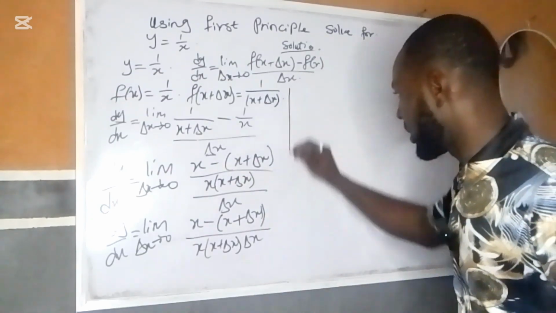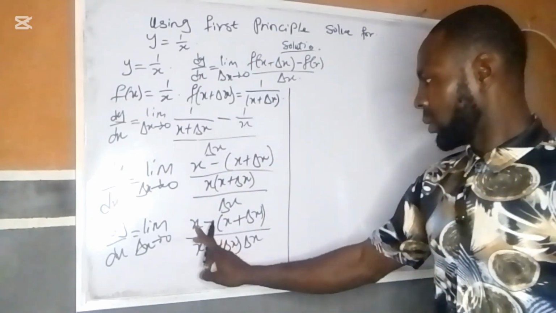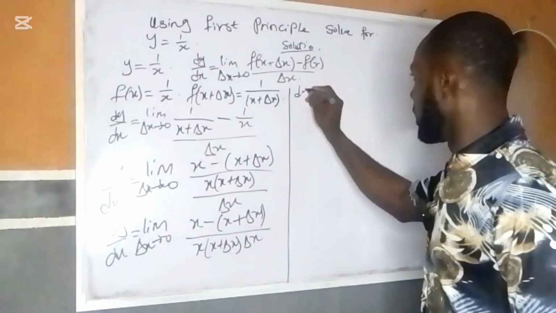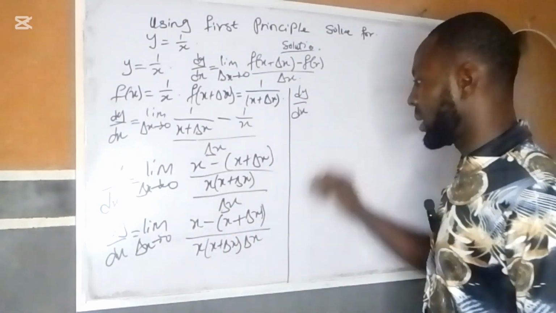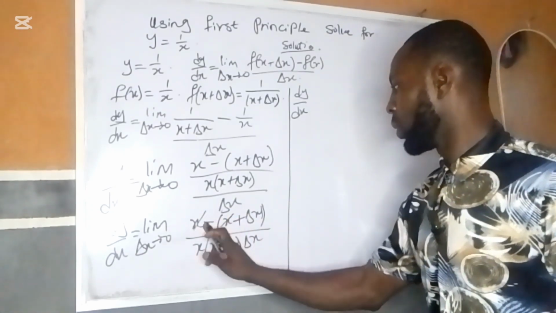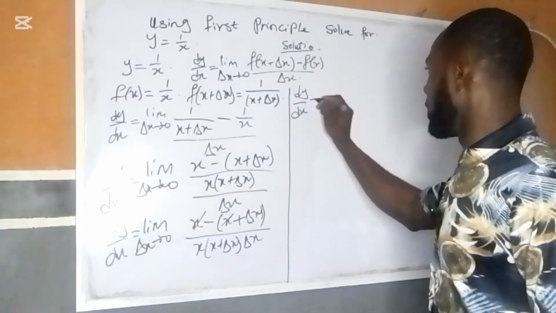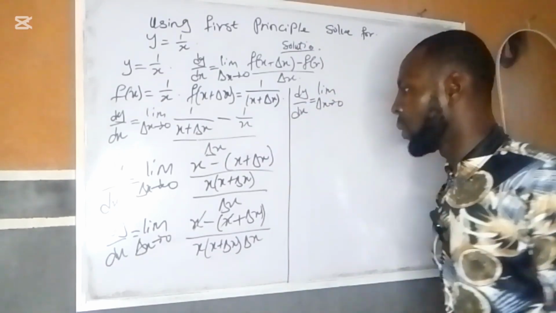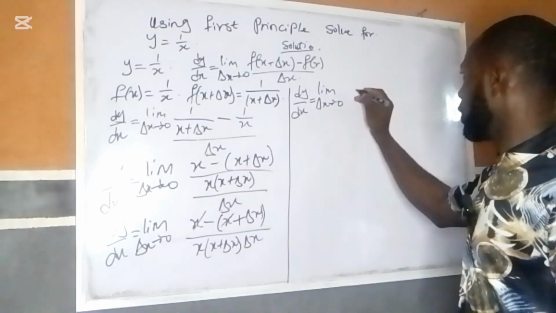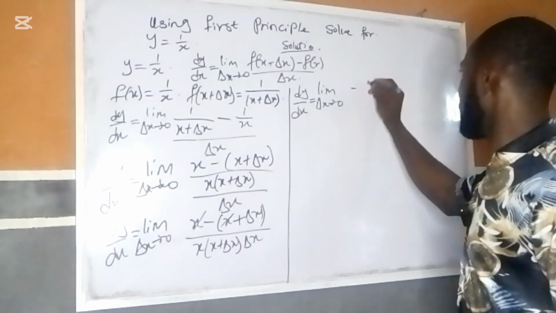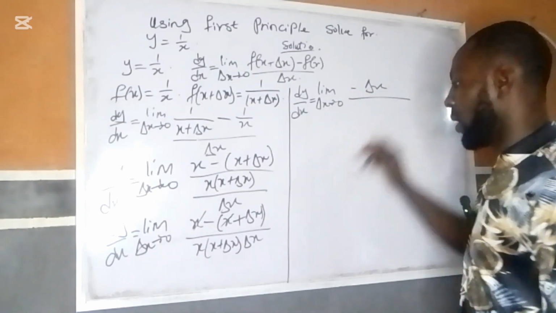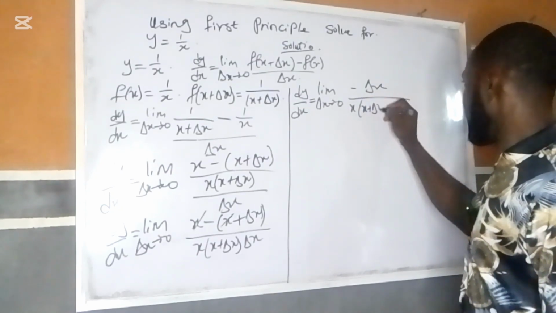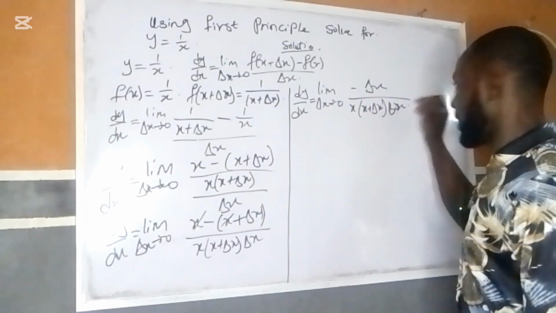So what do we have next? This and this will go, in which we will now be having dy/dx. When this and this go, we will remain with this, right? We have is equal to the limit as change in x approaches 0 of what remains at the numerator, which is minus change in x, all over x in bracket x plus change in x.